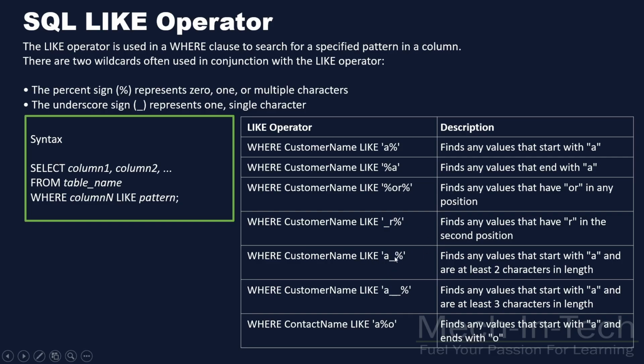A underscore percentage means it starts with A and the length is at least 2. Same here, if you use 3 underscores, then it starts with A and is at least 3 characters in length. And this we saw, starts with A and ends with O.